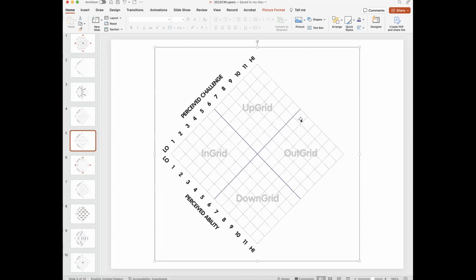I have to believe that anyone who developed one of those models very quickly realized that their model describes everyone and no one simultaneously. So it gives us certain glimpses, but we can also say, well, they also have some contributing upgrid energy or ingrid energy, or whatever their labels happen to be.